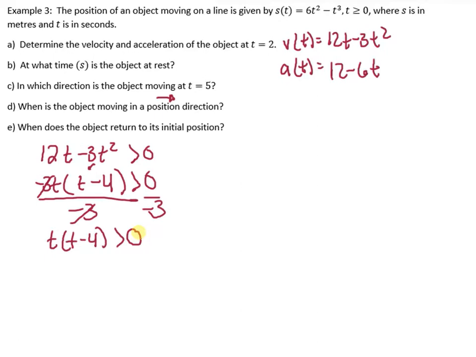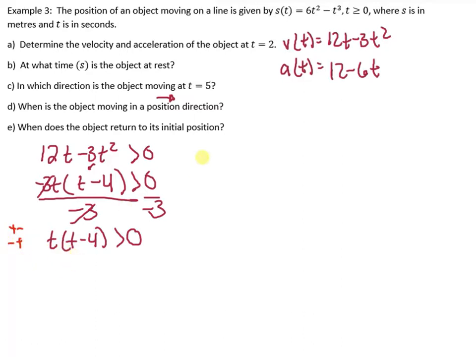This is a little bit more complicated because there are two cases to consider. Since the product of t and t minus 4 has to be negative, one factor is negative. The product is negative when the first factor is positive and the second is negative, and vice versa, a positive and negative or a negative and positive.